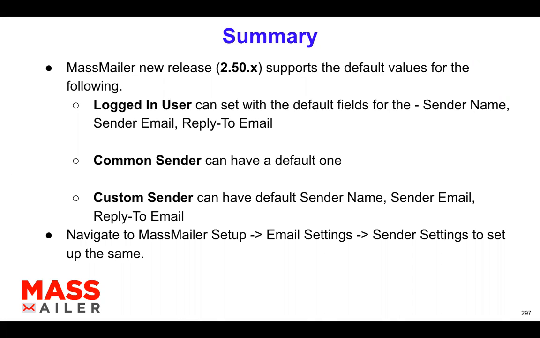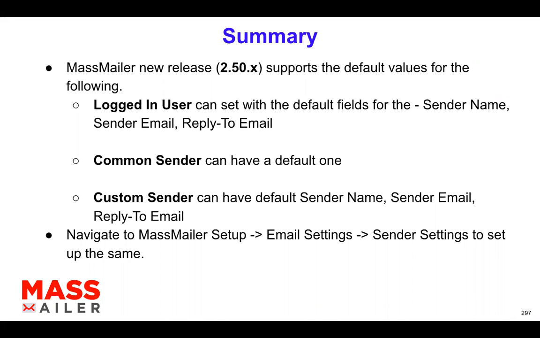There are three different ways you can provide the default values. For the logged in user, so far we've been taking the standard email fields and name fields. You can actually change it now. For common sender, it's the same thing.